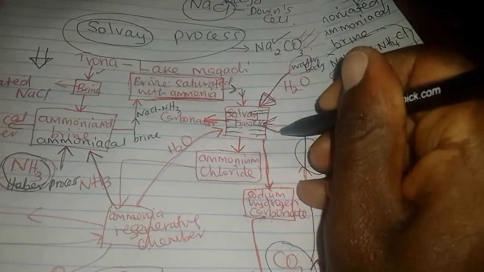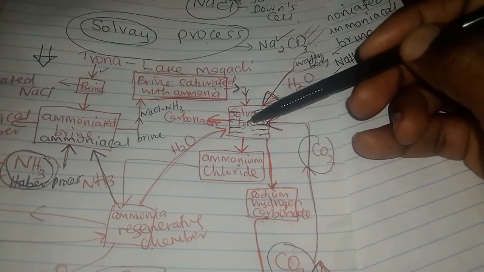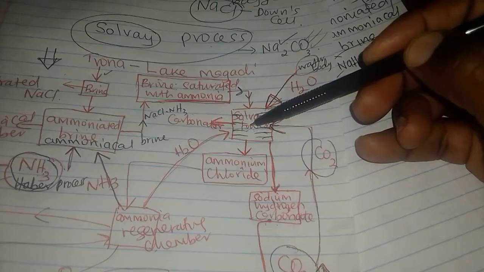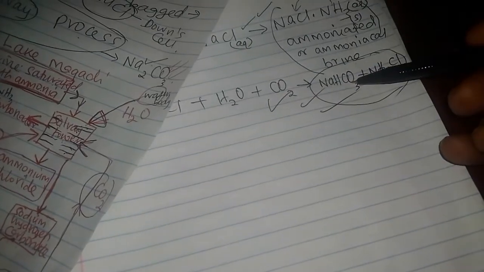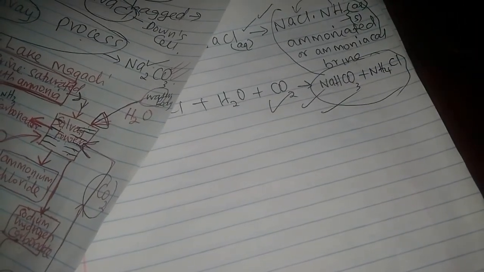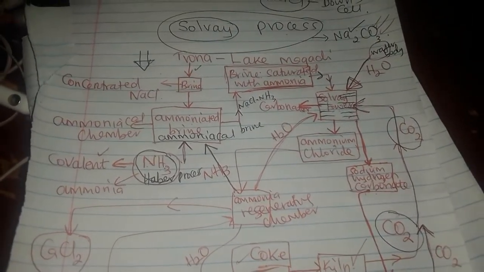This aids in ensuring that the reaction occurs completely, so more sodium hydrogen carbonate and ammonium chloride are able to get formed. If I'm done with that part, I can move to something else.